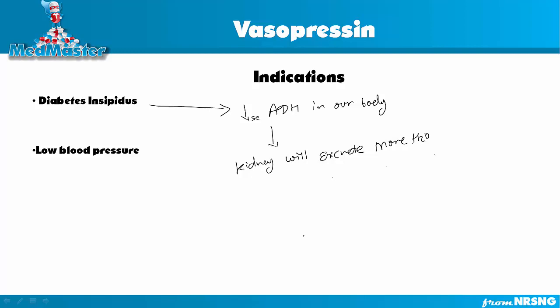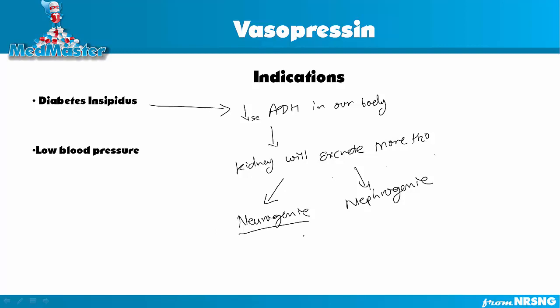Now there are two types of diabetes insipidus. One is neurogenic, another one is nephrogenic. As we all know now, ADH gets secreted from the posterior pituitary gland. So if someone has a problem in the posterior pituitary gland, let's say they have a resection of the posterior pituitary gland, then ADH doesn't get secreted from the brain. That's why it's called neurogenic.